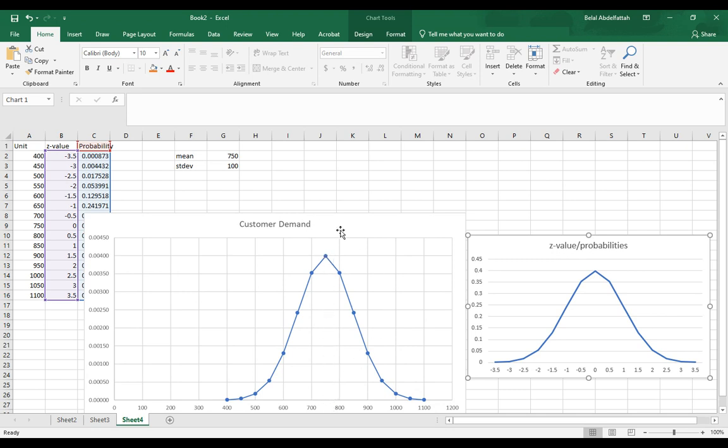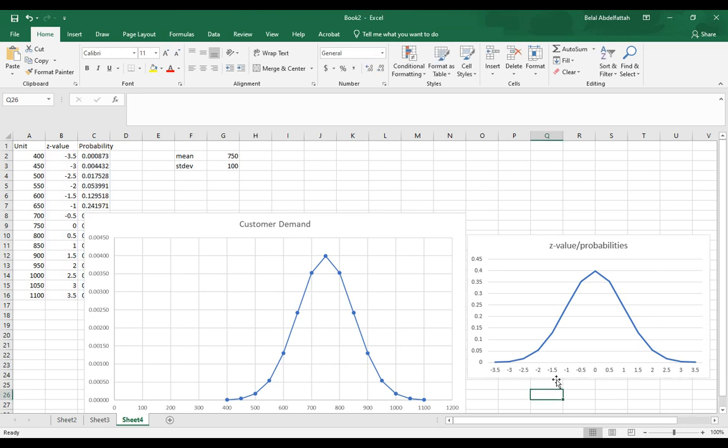So sometimes you might be working with z values rather than actual data values. So if you have a probability that looks something like this, where it says, what is the probability of z is greater than 2.5, or let's say less than 1.5, something like this. Well, this is a positive, so we know 1.5 is right here.